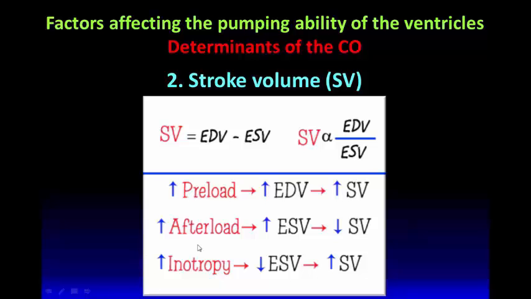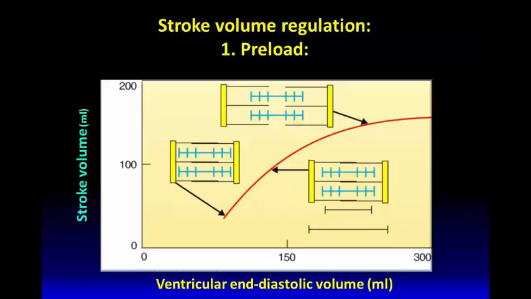An increase in the inotropic state of the myocardium decreases the end systolic volume and hence increases stroke volume. This is how these three factors affect the stroke volume in short. And now we shall describe how these factors regulate the stroke volume in more details. And let's begin with the preload.